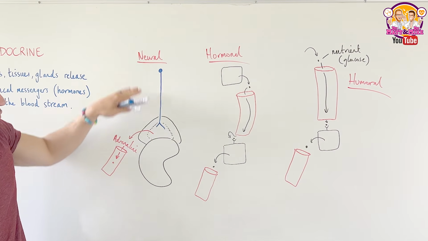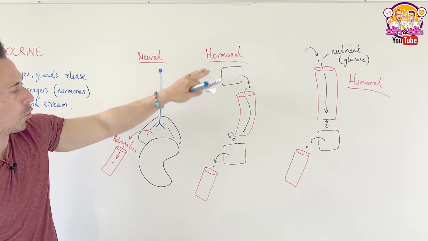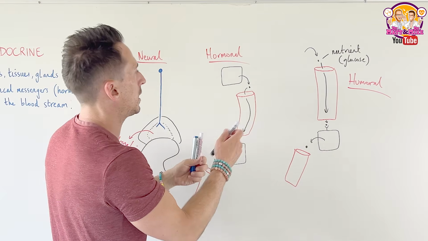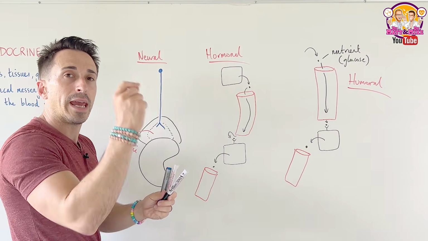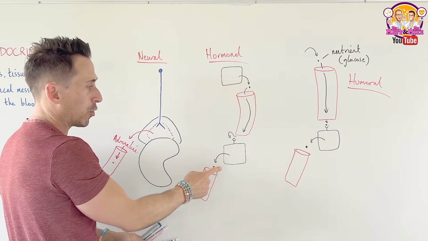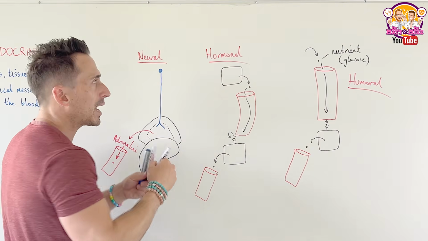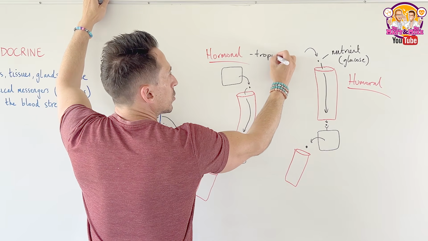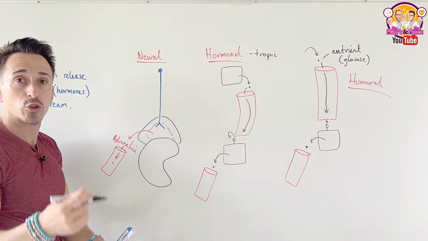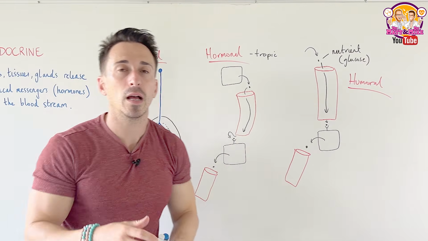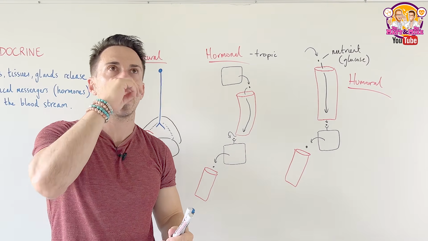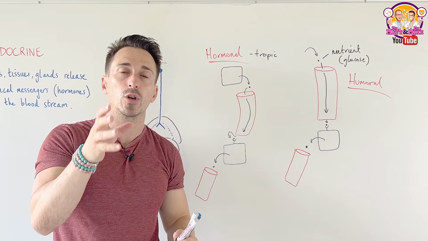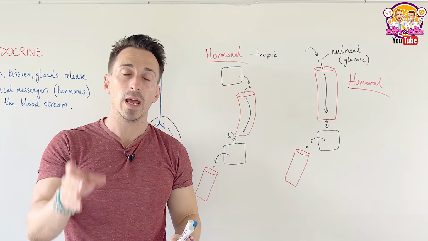Hormones can be released from neurons triggering them, or other hormones triggering them. An important point here: when a hormone is getting released to tell another hormone to be released, it generally has in its name the suffix tropic. An example of this is corticotropin-releasing hormone.